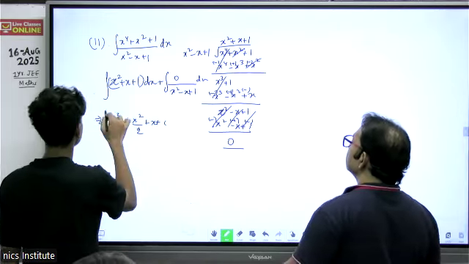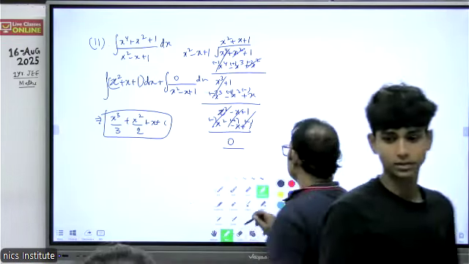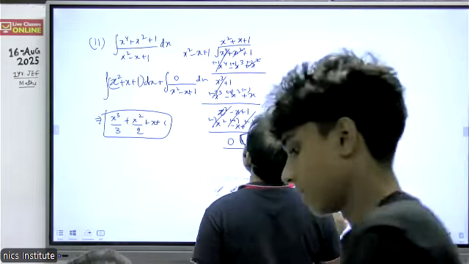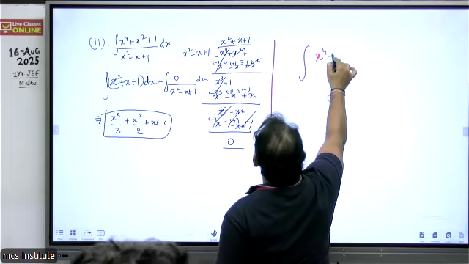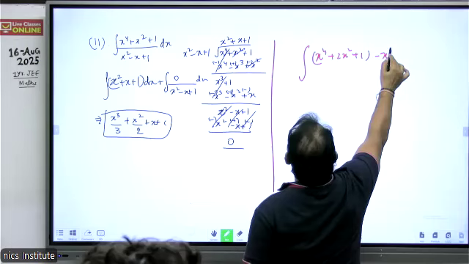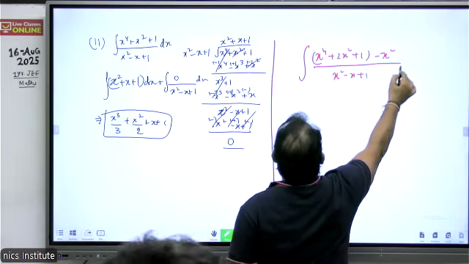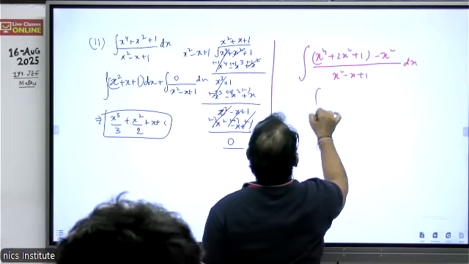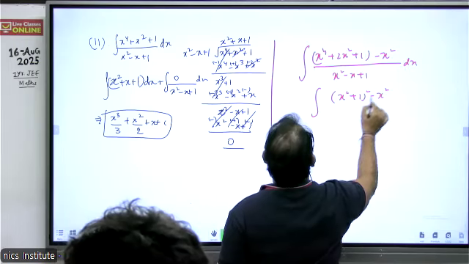All right. Now this is another method, if you don't want to do long division. You add x square in the numerator and you subtract x square in the numerator, so you don't change the question. After that, it becomes x square plus 1 the whole square minus x square.